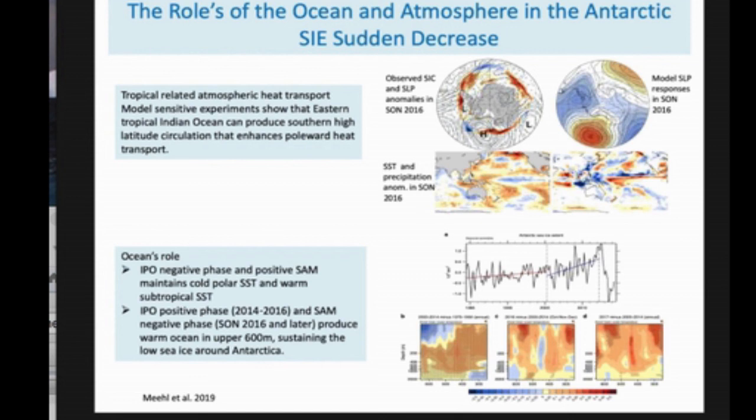But this is 2016, 2017. This is the ocean temperature with depth and years, zonal average. So you see in 2016-17, the warm water came from the surface to 600 meters and was all pushed to the polar sea. That is what happened as PDO became positive and suddenly SAM became negative.